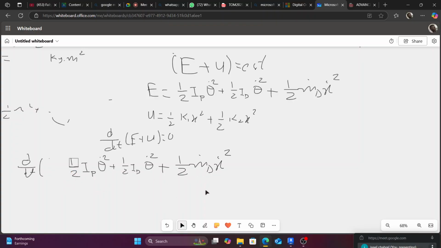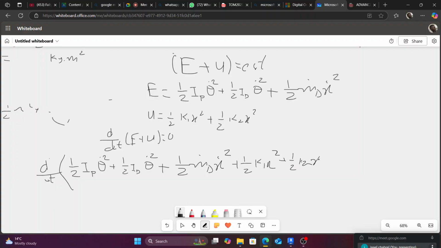There are shortcuts. It's not like I'm writing on the board. So d in terms of time of this, plus half k1 x square plus half k2 x square, to be equal to what?